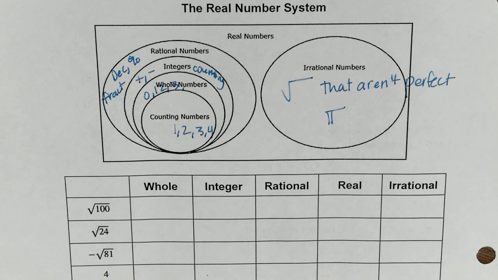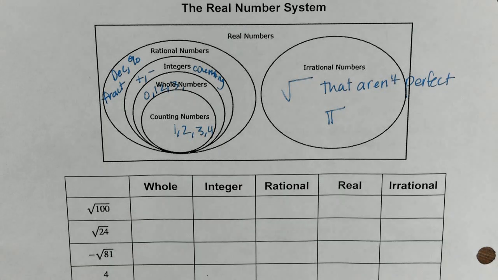Counting numbers are rational and counting numbers are real. Does that make sense? But if I had 0.25, that's not counting, not whole, not an integer, it is rational, and it's also a real number. So the little circles in a Venn diagram are subcategories of what is outside of it.